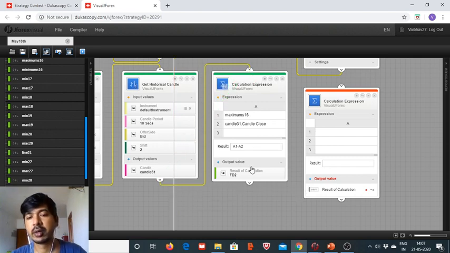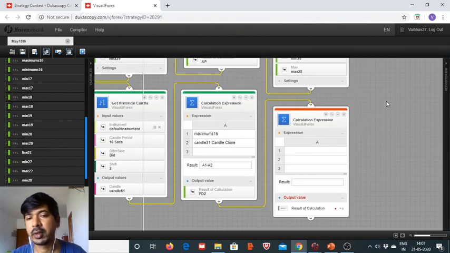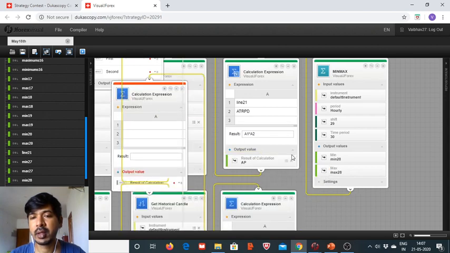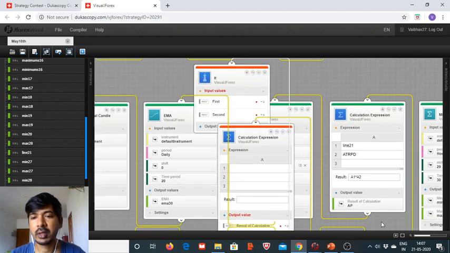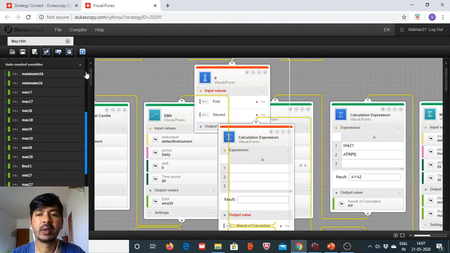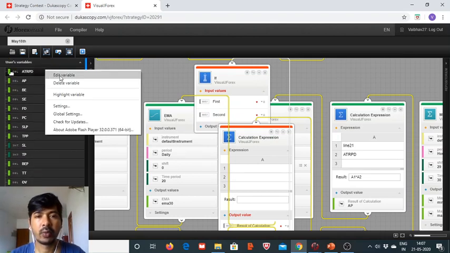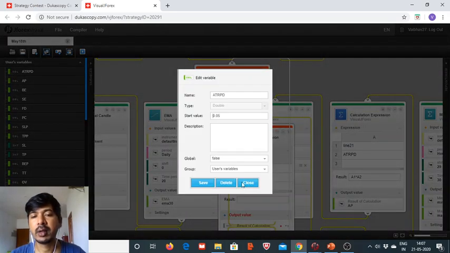We join the flow here, and again, result of the calculation, we now need to define the sale execution price, and sale execution price will be the maximum 16 minus 5% of the ATR, which is AP, as we had defined ATR PD yesterday as 0.05, and line 21 is the daily ATR.